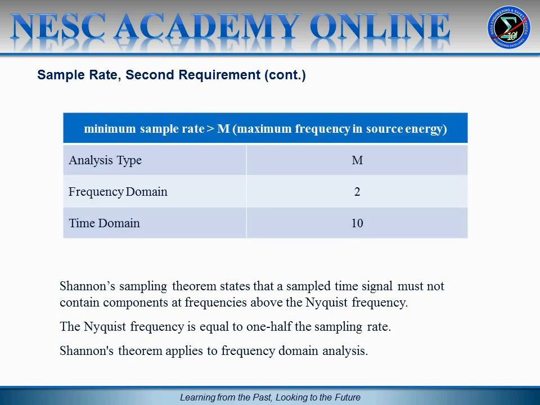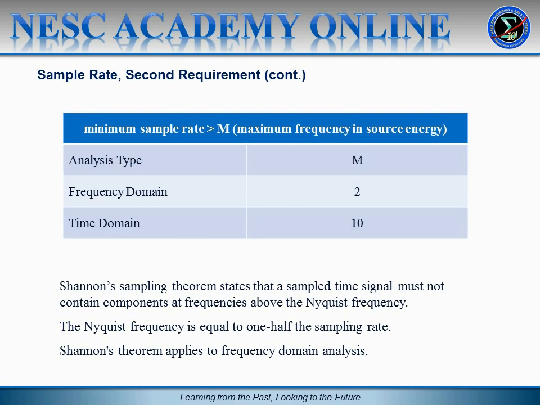So let's consider that we have a frequency domain function such as a Fourier transform or power spectral density. The minimum sample rate for this case must be greater than twice the maximum frequency in the source energy. Then for a time domain calculation, such as a shock response spectrum, the minimum sample rate must be greater than 10 times the maximum frequency in the source energy.